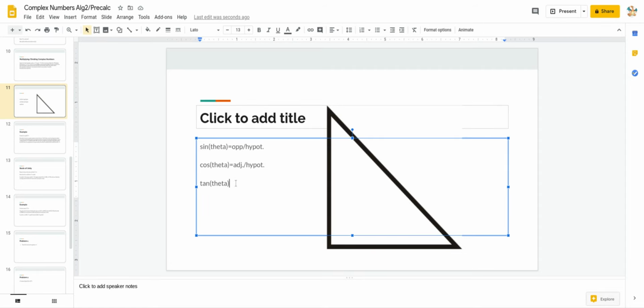And tan theta is opposite over adjacent, so the tan of this angle is this over this. It's also said to be sine theta over cosine theta.